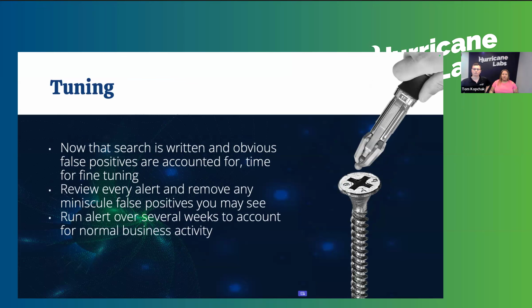And then you're going to run that alert over several weeks, as much historically as you can, as well as 1 to 2 weeks currently as you're developing, to account for as much normal business activity as you can. And you're going to go back and repeat this cycle and do fine tuning as you tune out more and more of that normal day-to-day business activity that you see.